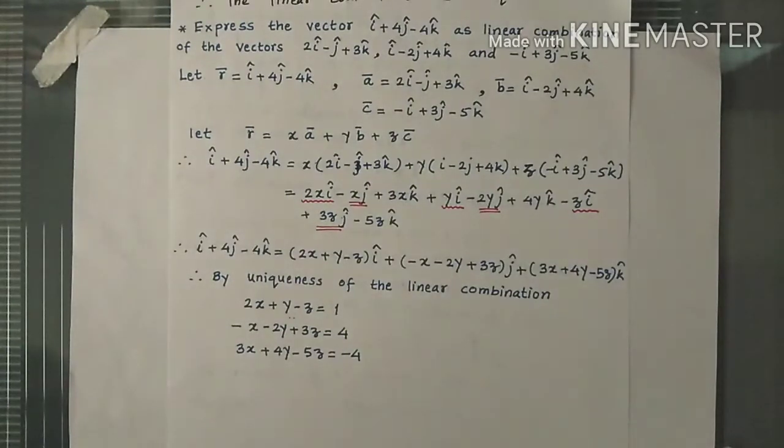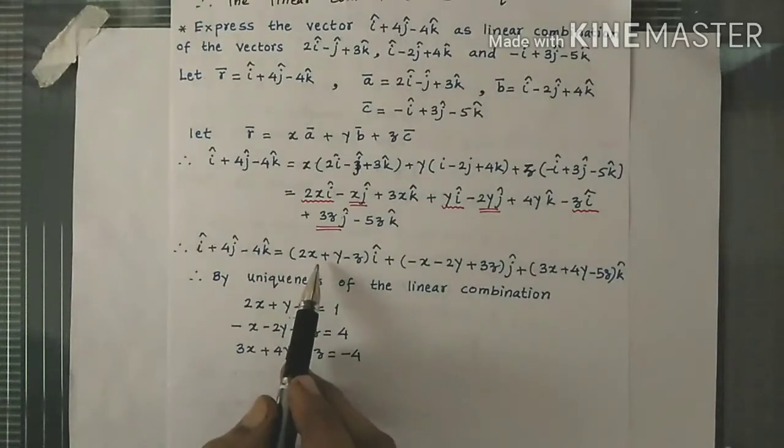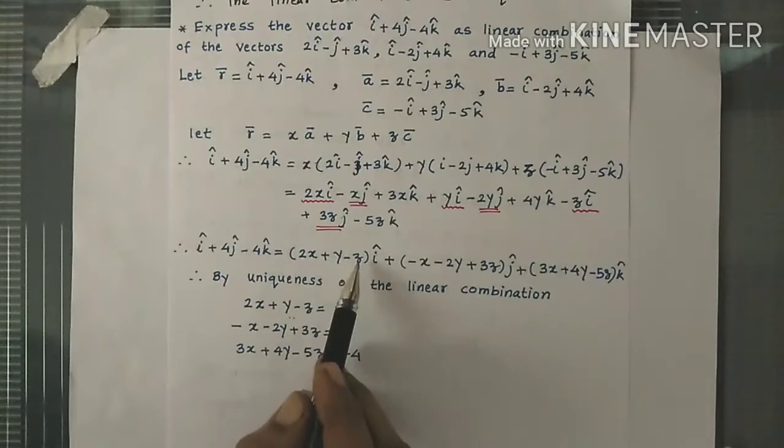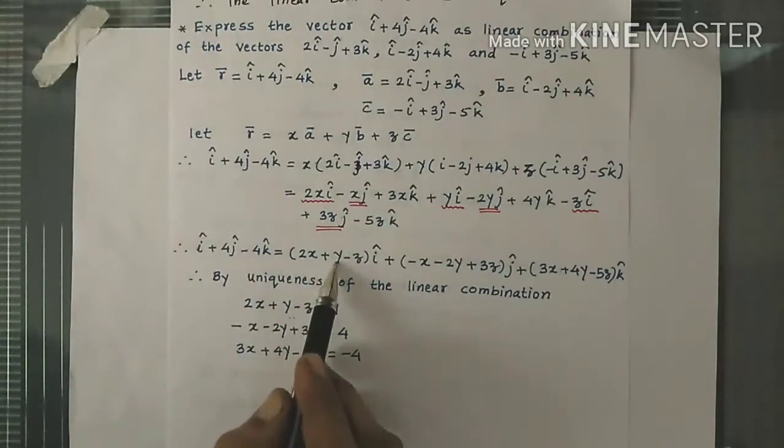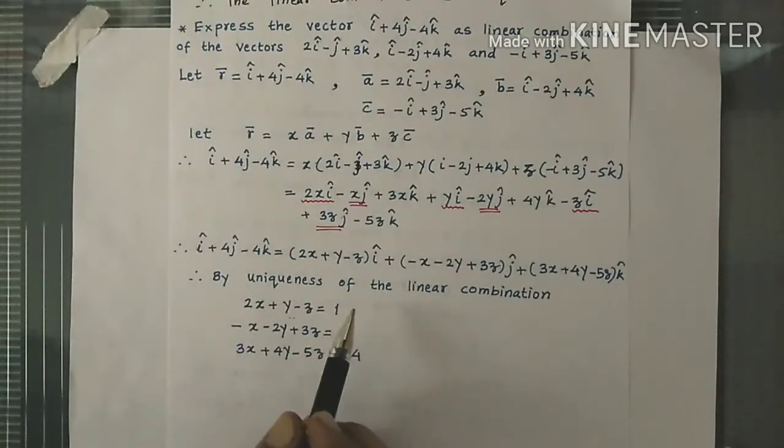By uniqueness of the linear combination, coefficients of i are equal. So on the right hand side the coefficient of i is 2x plus y minus z. On the left hand side we have only i cap, that means the coefficient is 1. So 2x plus y minus z equals 1.